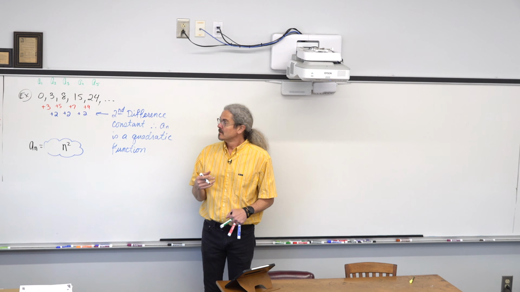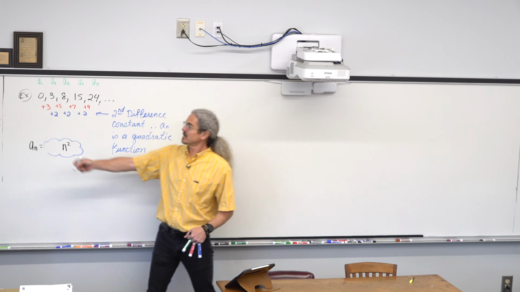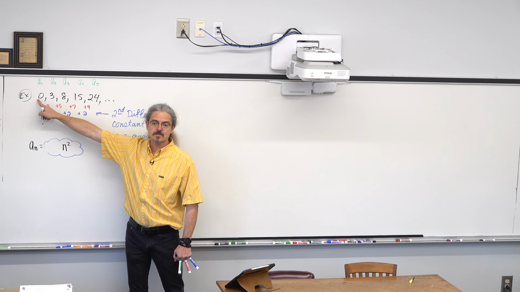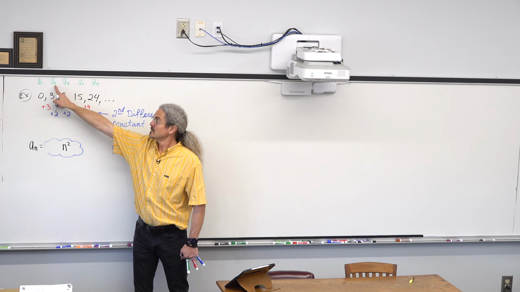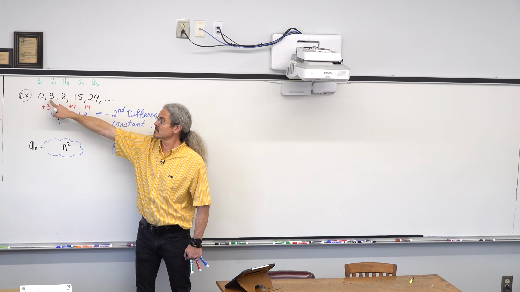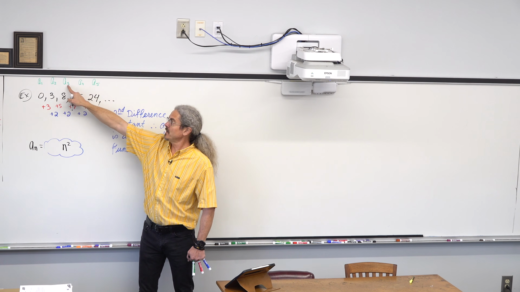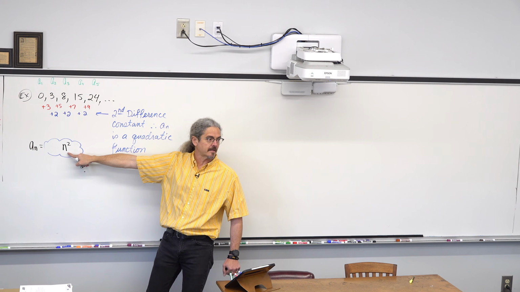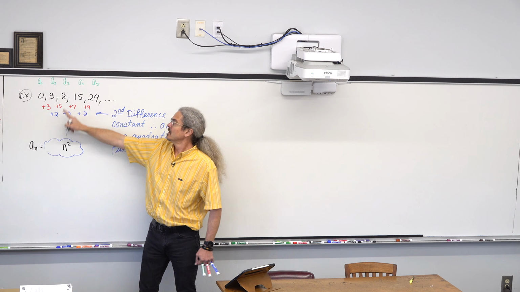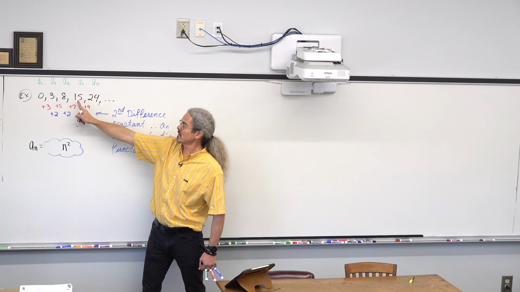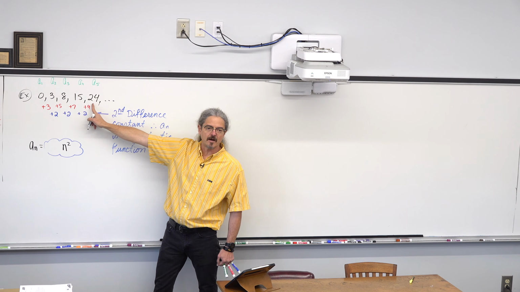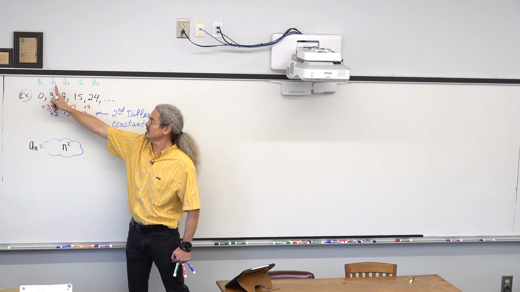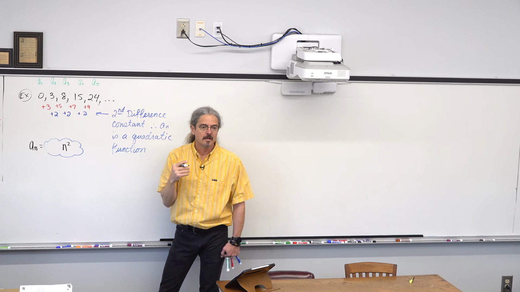So start mentally doing this in your head. 1 squared is 1. 2 squared is 4. 3 squared, right, because the subscripts are our values of n. That's our positive integer domain. 3 squared is 9. 4 squared is 16. 5 squared is 25.